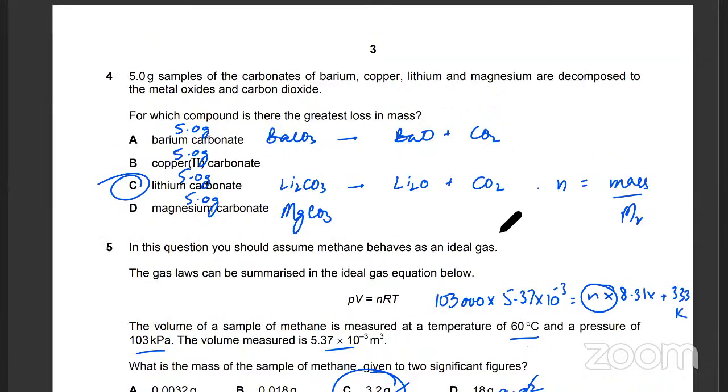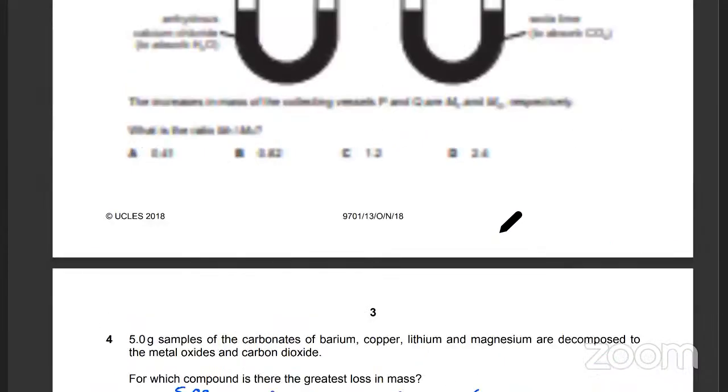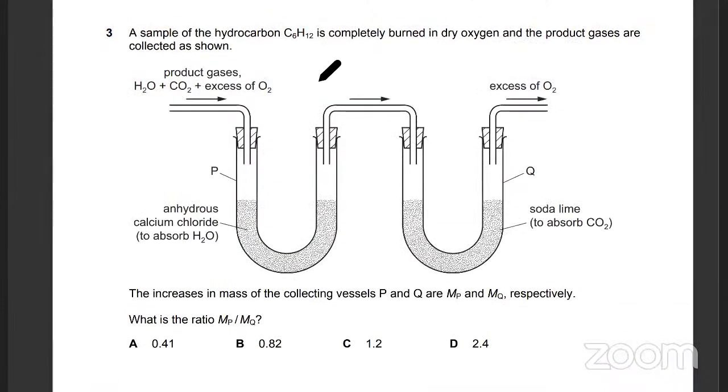Is that clear? Yes. So now this one is saying that a sample of C6H12 is burning. It's completely burned. So C6H12 is going to produce carbon dioxide and water. If you balance this equation, it's going to be 6 carbon dioxide and 6 water molecules getting produced, right?